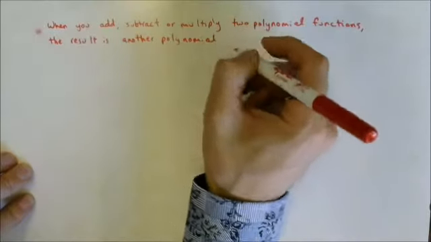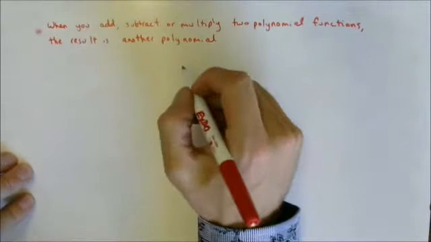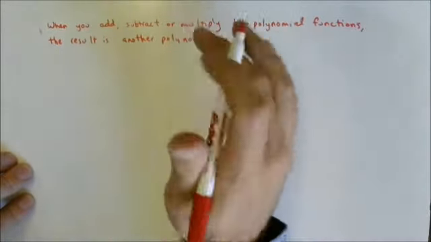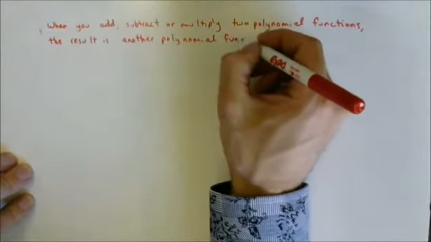That part's pretty straightforward. When you multiply whole numbers, you get another whole number. When you multiply polynomials, you get another polynomial. The result is another polynomial function.